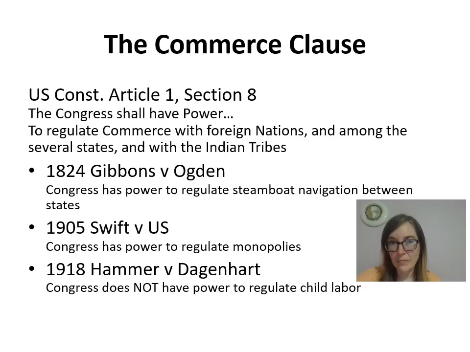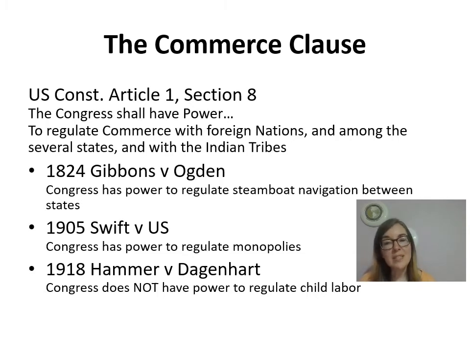So the Commerce Clause comes from Article 1, Section 8 of the Constitution, where it lists all of the powers of Congress. And it says the Congress shall have power to regulate commerce with foreign nations, among the states, and with the Indian tribes.